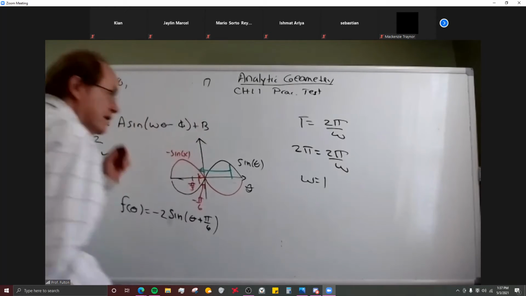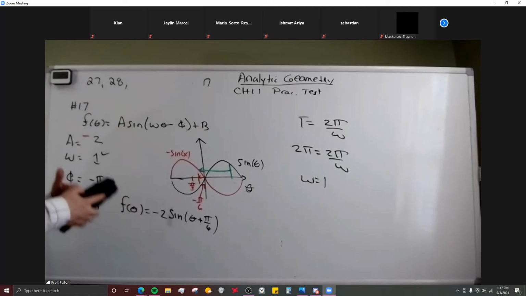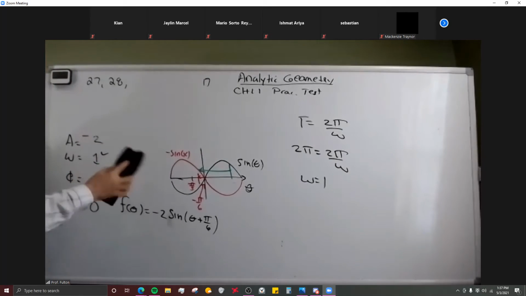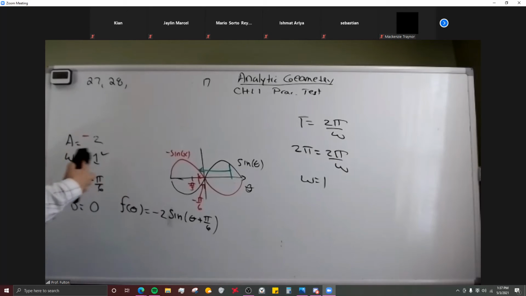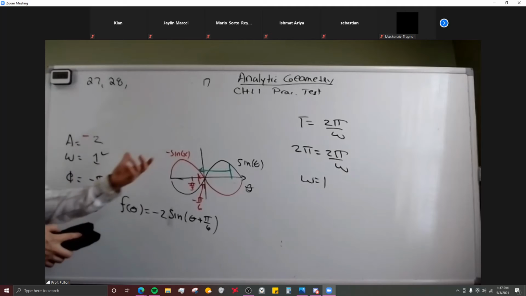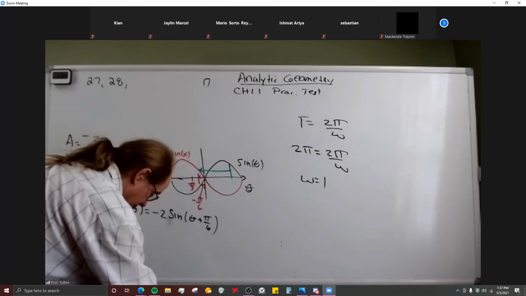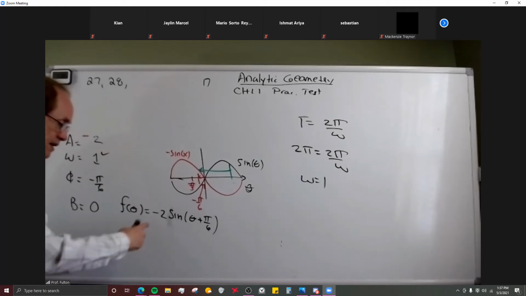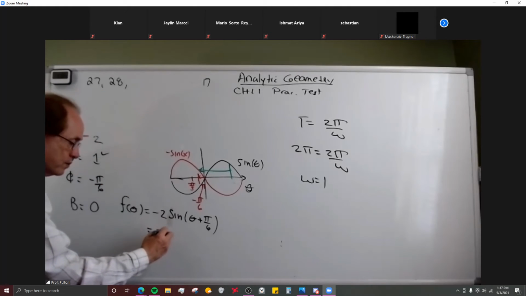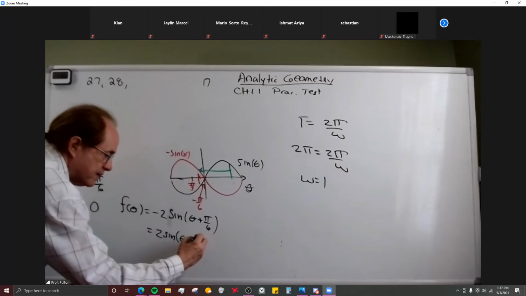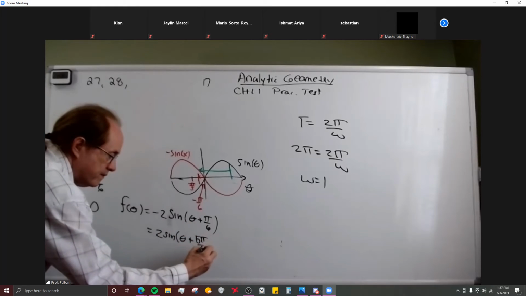Okay, so I'm analyzing all the properties of these functions. And it's geometric because it's very visual. I'm looking at the period, the phase shift. I'm looking at what does a normal sine function look like. Now, I could also write it like this. I just learned this would be equivalent to 2 times the sine of theta plus, instead of pi over 6, 5 pi over 6.